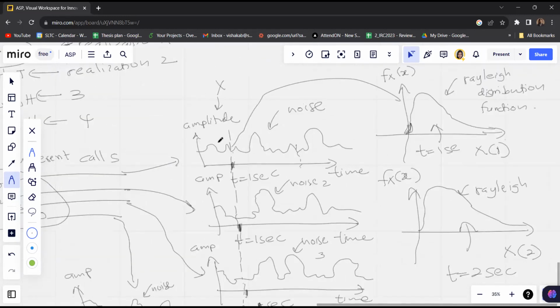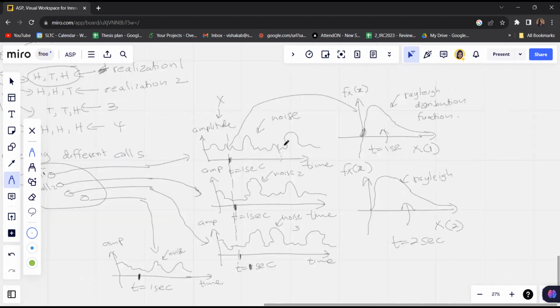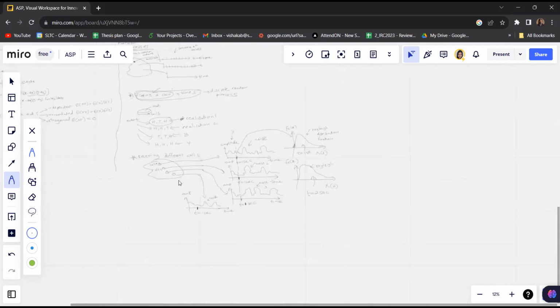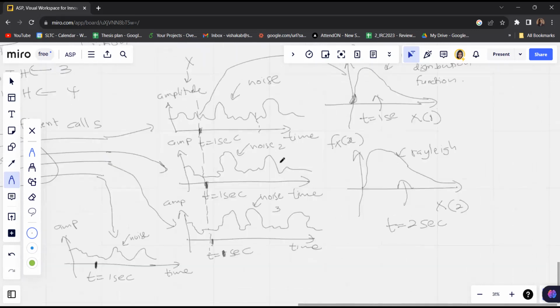And for each time instance, we can define that the probability of the amplitude varying is also according to the Rayleigh distribution function, right? For each time instance, we have to define the PDF separately. So that is how we can define the PDFs of a random process.